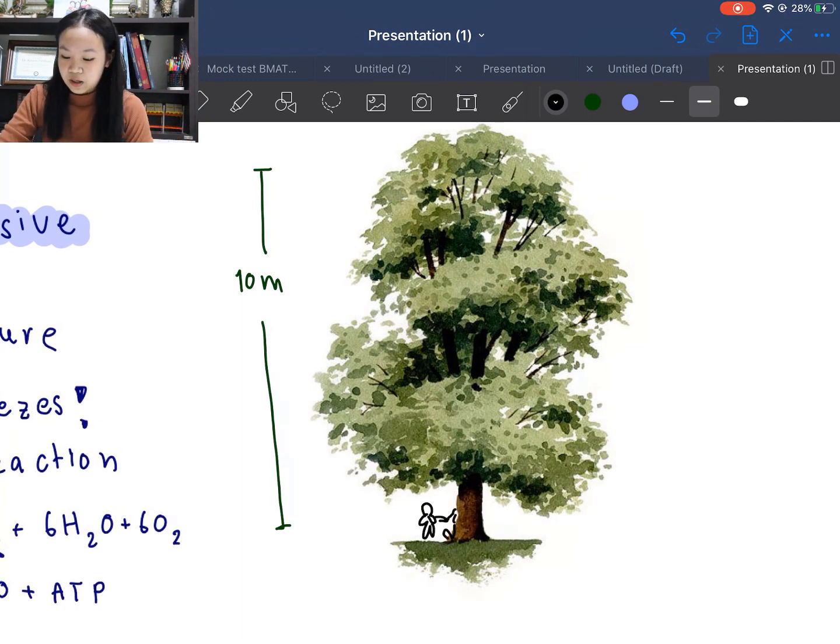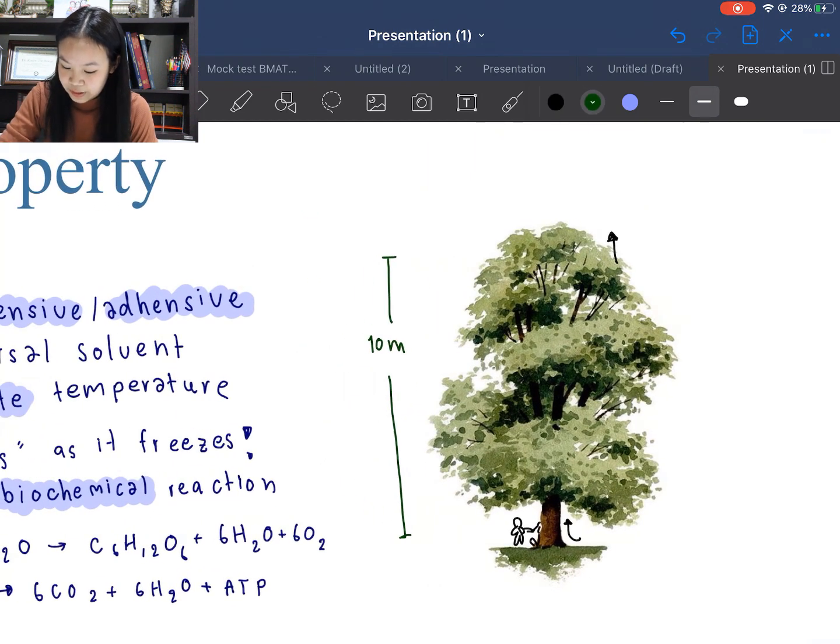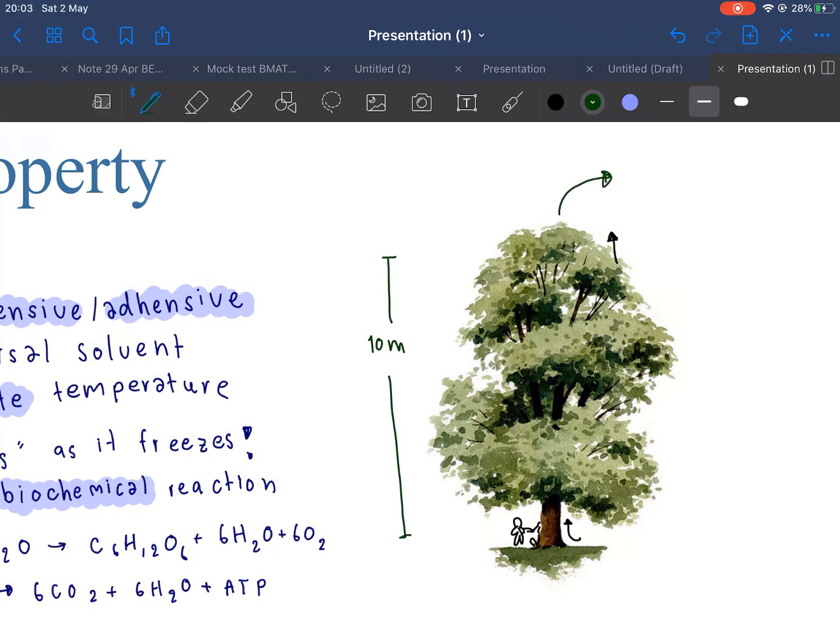Do you think that the water that goes up here is only from the root pulling it up, or just pushing it up? Actually, no. From the root, it will get to one point, and then that's it, because it doesn't have that much force. So the force that leads the water up here is a pull, and that pulling is called transpirational pull.